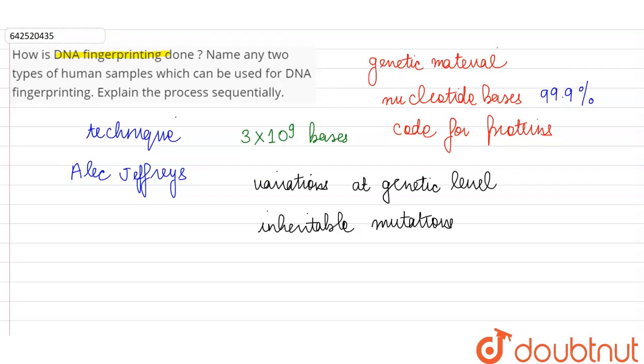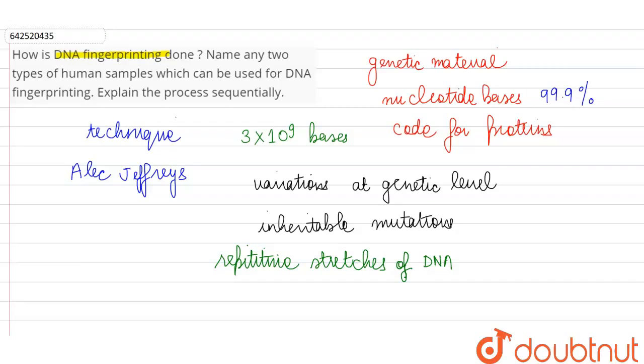So people differ from each other in various characteristics only because of 0.1% of the DNA. And even in this DNA, there are many repetitive sequences. There are many stretches of DNA which repeat many times, and they do not code for any protein.